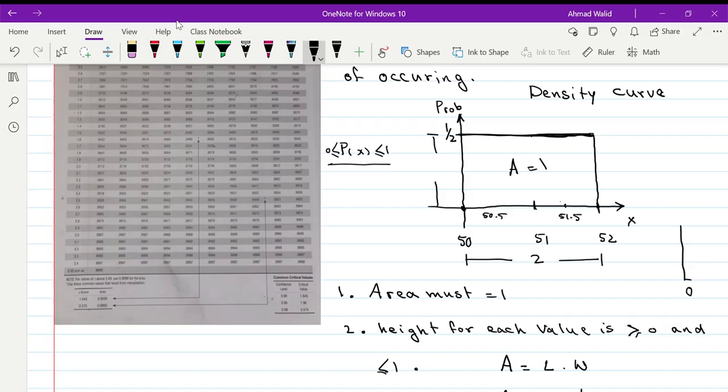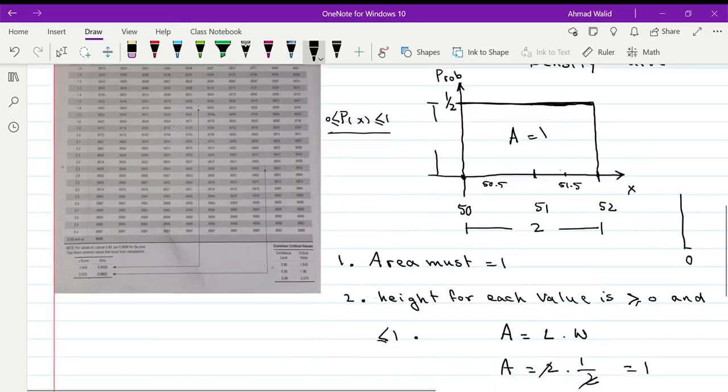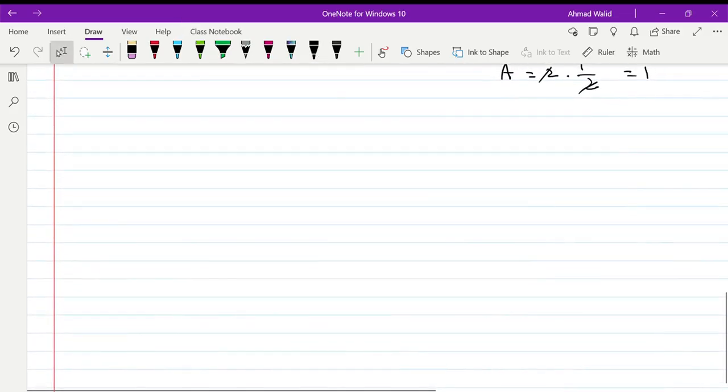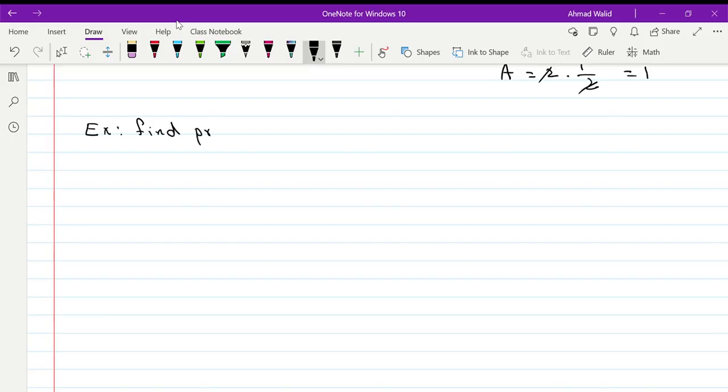Now, an example here. I want to do an example for you. Find the probability that the class will end between 51.5 minutes and 52 minutes.